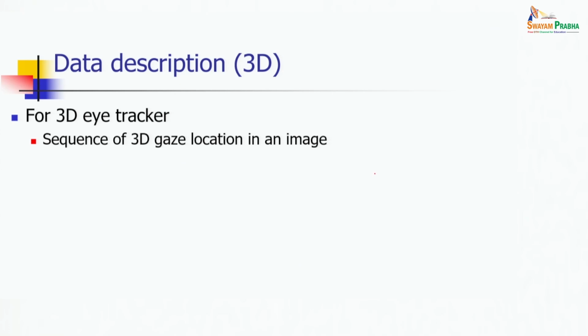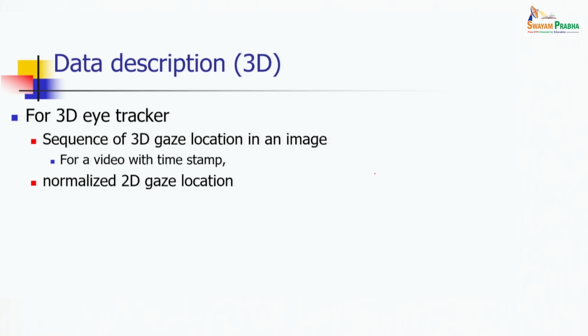When we consider this kind of three-dimensional eye tracker, as you understand, you get both two-dimensional gaze locations and also associated three-dimensional information with respect to a world coordinate system, by referring to the viewer. So, we have a sequence of 3D gaze locations in an image itself. Where the viewer is looking can also be given, and for a video we could get it with timestamps.